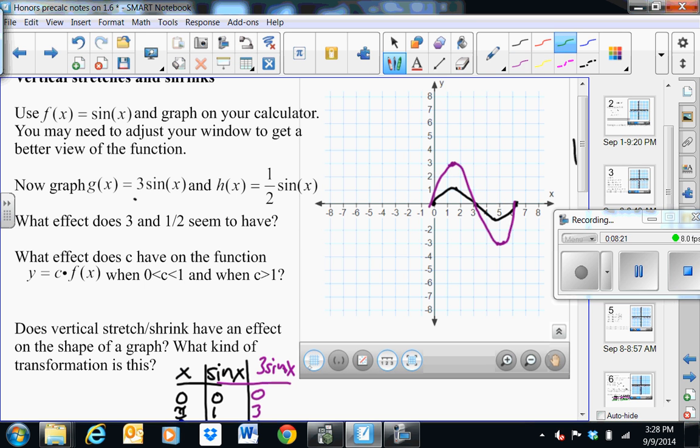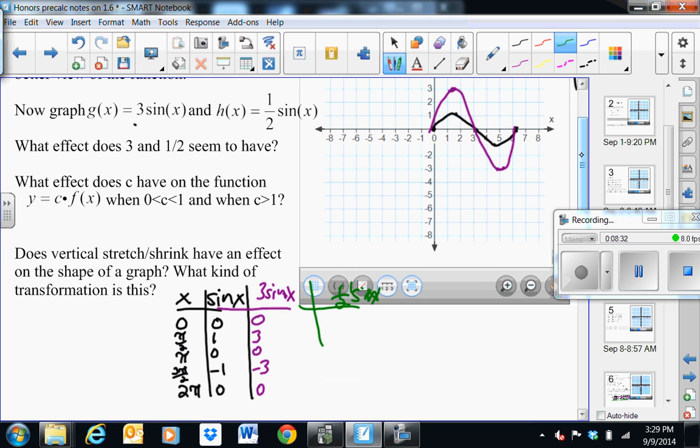Now let's look at what happens if we multiply this very same function by 1/2. So we're going to put 1/2 sine x over in this column. So we're going to look back at our original sine outputs, which are here, and multiply by 1/2.